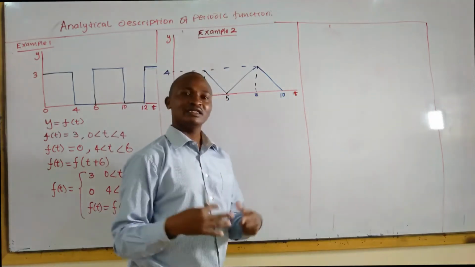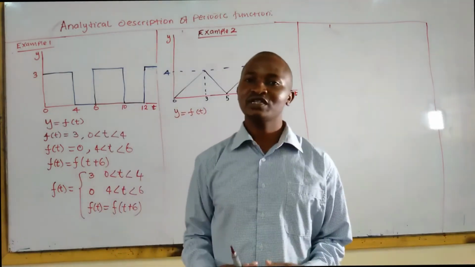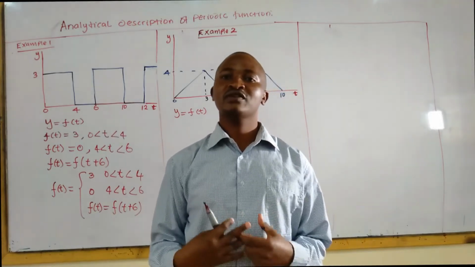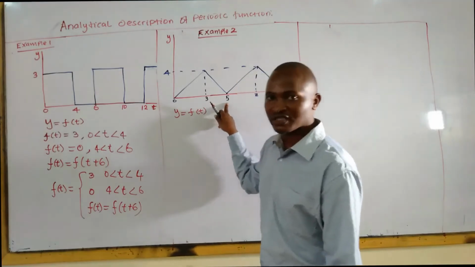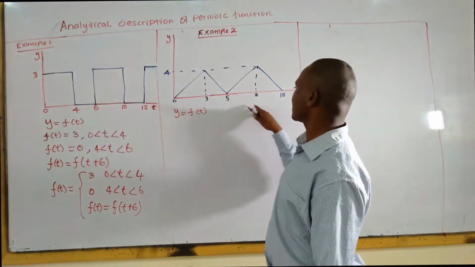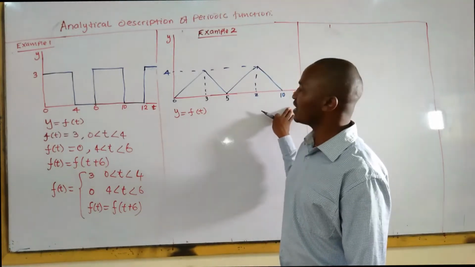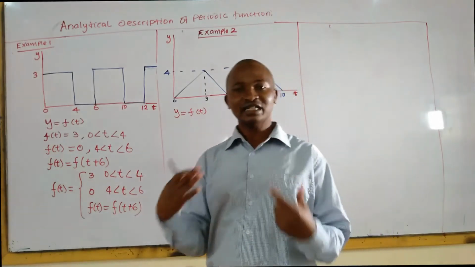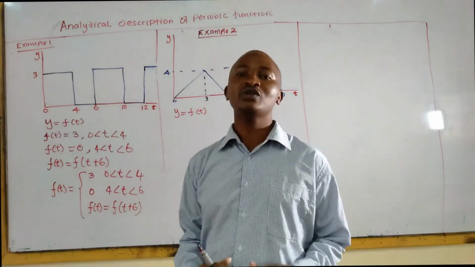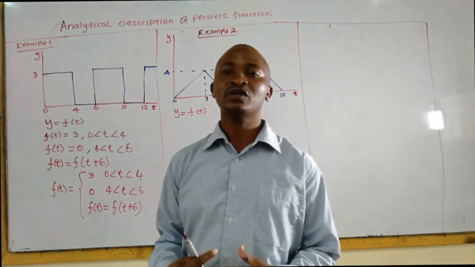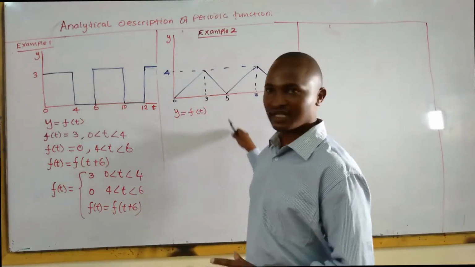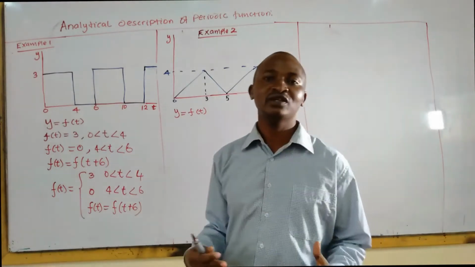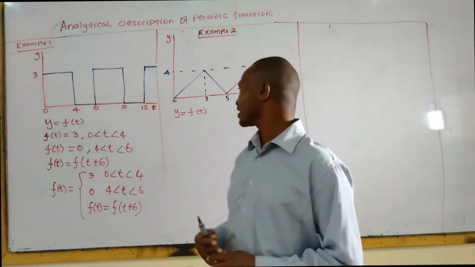So again, it appears this function is periodic with 5 seconds. After 5 seconds, the function will start repeating itself. Therefore, when we are doing analytical description, we only do description for one period. We only find the equation of this line and this line only. That will be enough for us to describe the function.